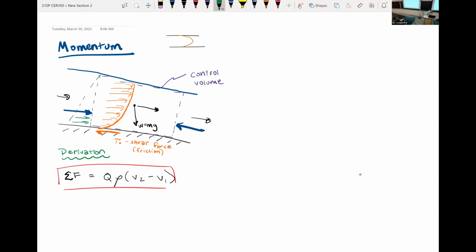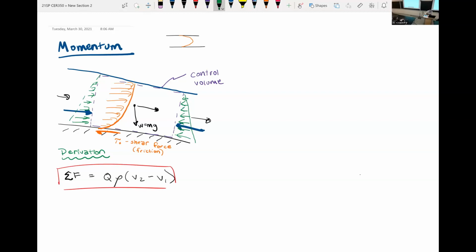What is the thing that we neglect when we're looking at a large reservoir open to the atmosphere, when we're doing our Bernoulli's or conservation of energy? Pressure. Pressure, yes, pressure forces.